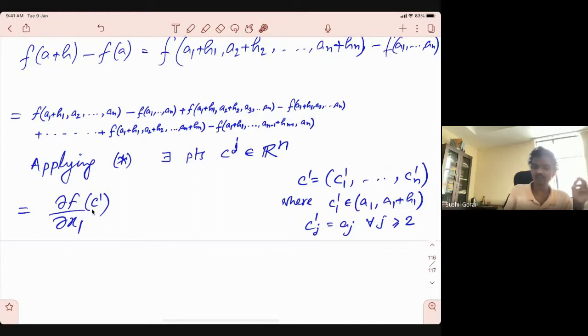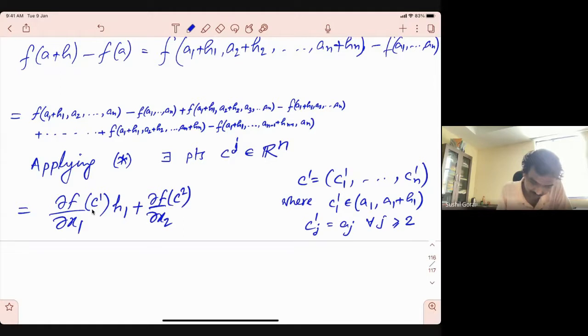Is it clear what C1 is? We are using the mean value theorem on the first component; the second onwards remain the same. The first one changes, and this is multiplied by H1, which corresponds to the first difference. Then again del f by del x2 at C2, where C21 will be A1 plus H1.